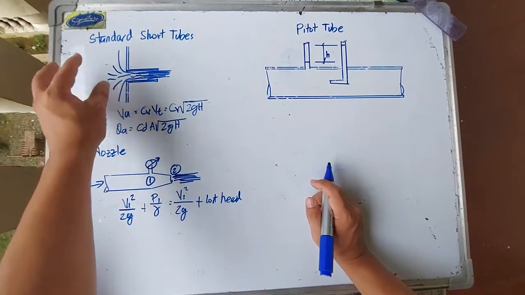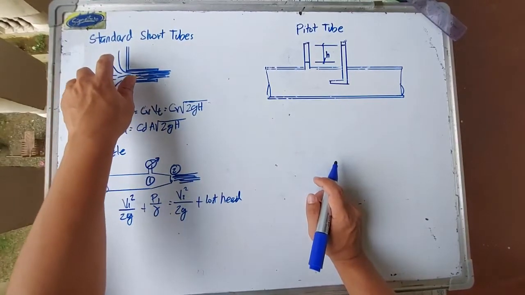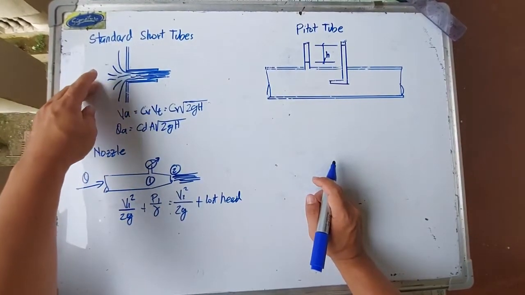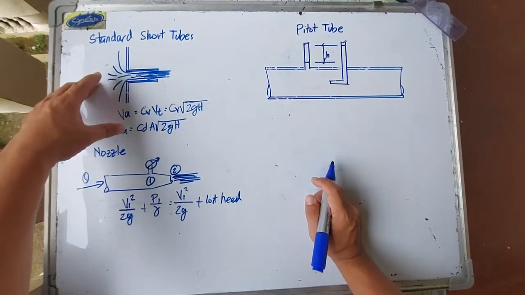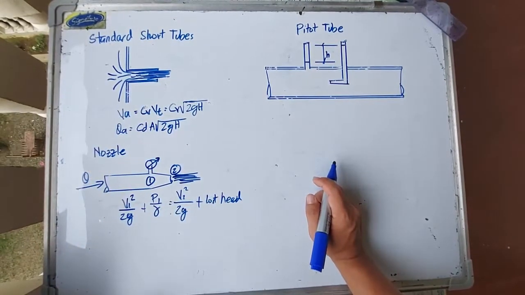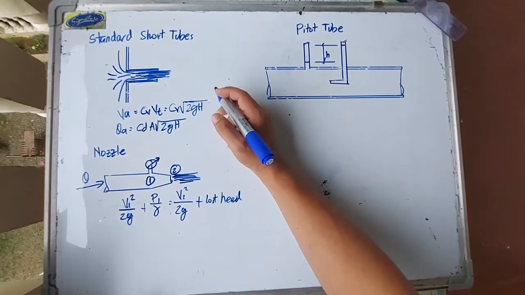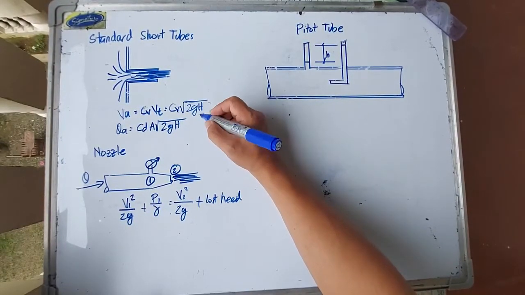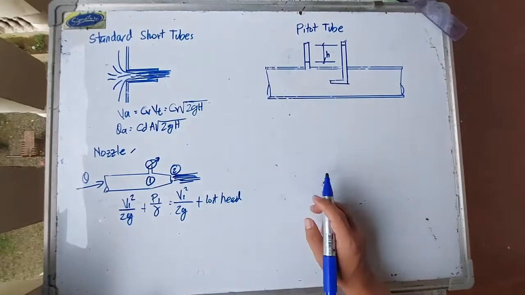But the contraction of the jet would be minimized, so the actual velocity and actual discharge would be solved using the same formula as before for orifices. And the derivation would be the same also.